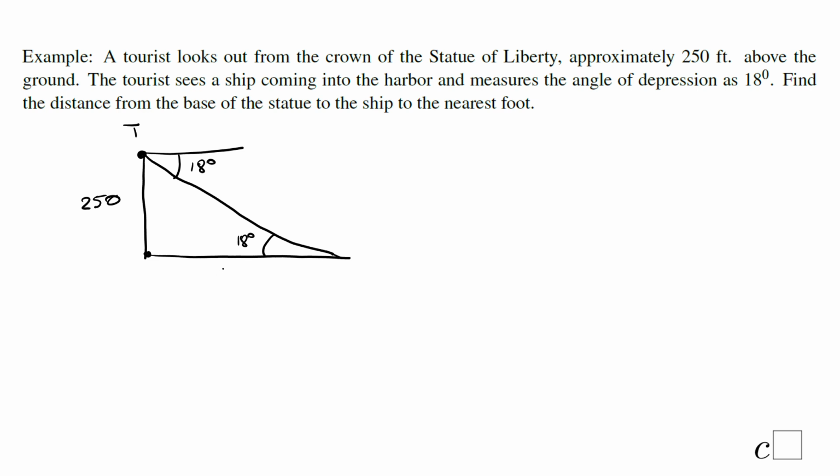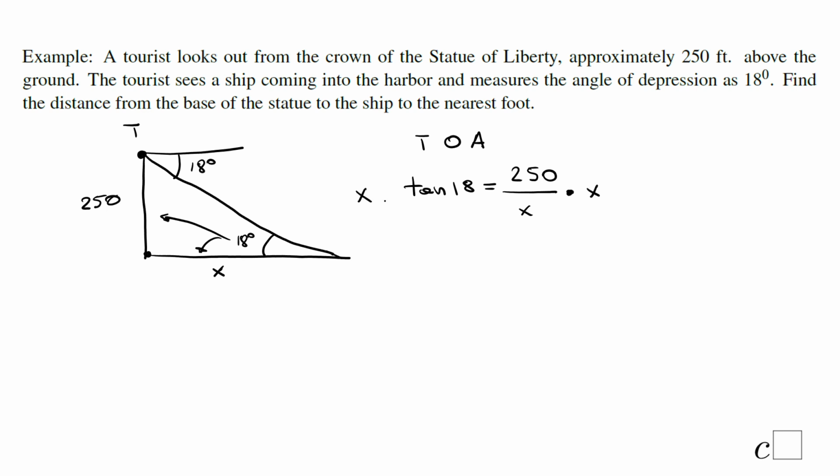So find this x. So we're looking here, we have the angle, we have the opposite leg, we have the adjacent leg that we need to find. Opposite, adjacent with the angle, that means tangent again. So we have tangent of 18 degrees equals 250 opposite first over adjacent then. Very similar, multiply by x.